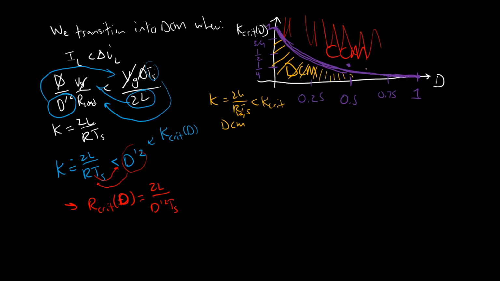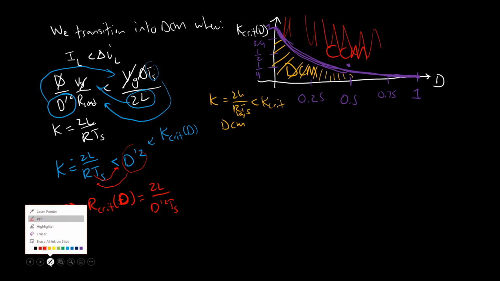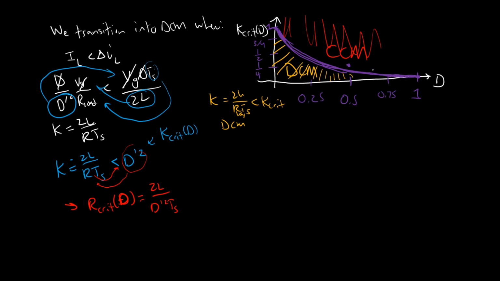And when you're on this boundary, you're in what's known as the boundary conduction mode, BCM. Some people call it critical conduction mode, but that's confusing with CCM, so I like to call it BCM. And there's a nice BCD kind of thing going on. So we have this boundary created by Rcrit, and depending on how we choose our parameters L, R, and the switching frequency, we'll be in either DCM or CCM. This is the way to think about it.